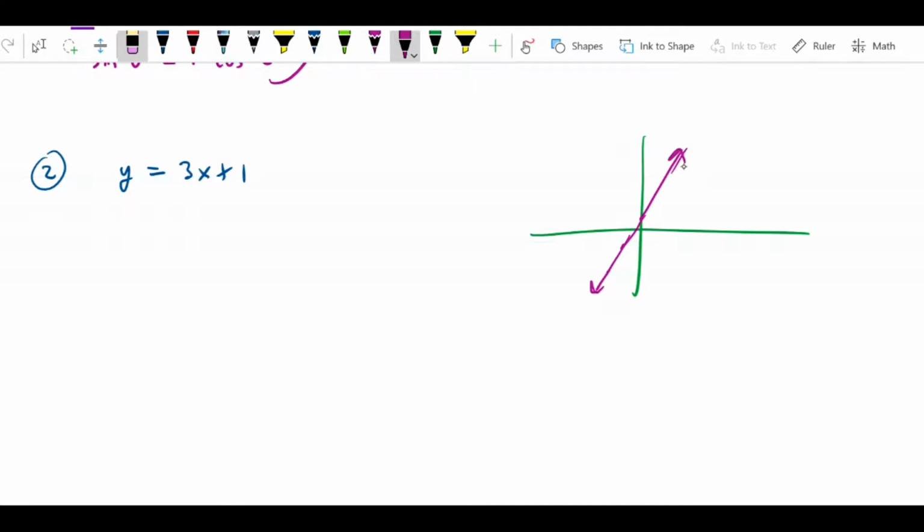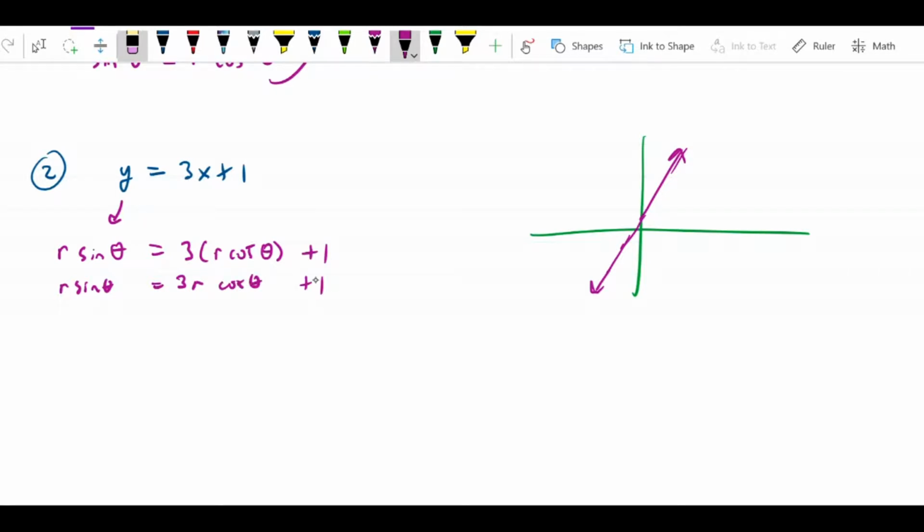So what does that look like in polar coordinates? Once again, we replace y with r sine theta, and we replace x with r cosine theta. So we have r sine theta equals 3r cosine theta plus 1.